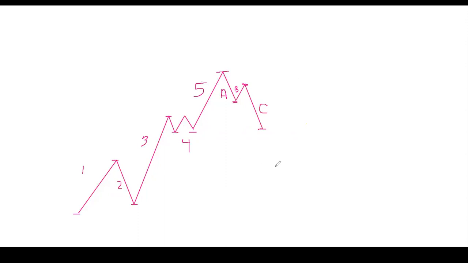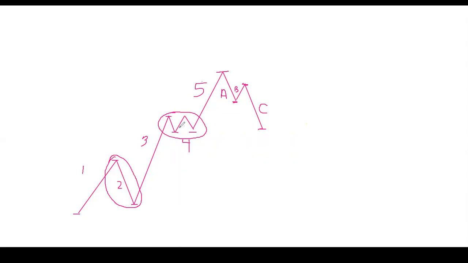The guideline of alternation refers to waves 4 and wave 2. All right. The guideline of alternation basically says if wave 2 is a steep retracement like this, wave 4 is going to trade sideways like a consolidation.